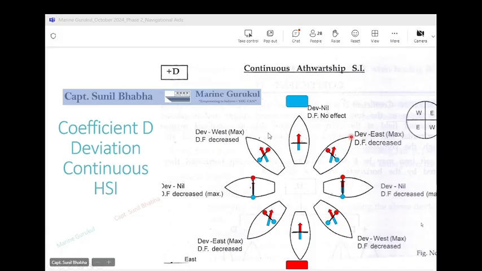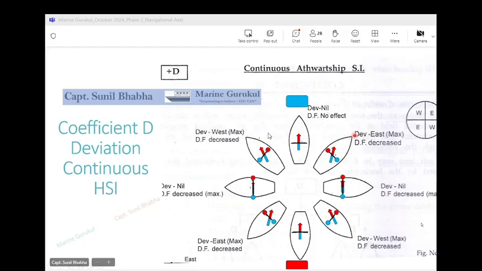Now, if the vessel swings to the starboard side and tries to approach the easterly direction, the poles are becoming stronger, but these poles are now coming in line with the compass needle. As they come in line with the needle, they are not able to generate that much deviation, and the deviation starts to decrease.